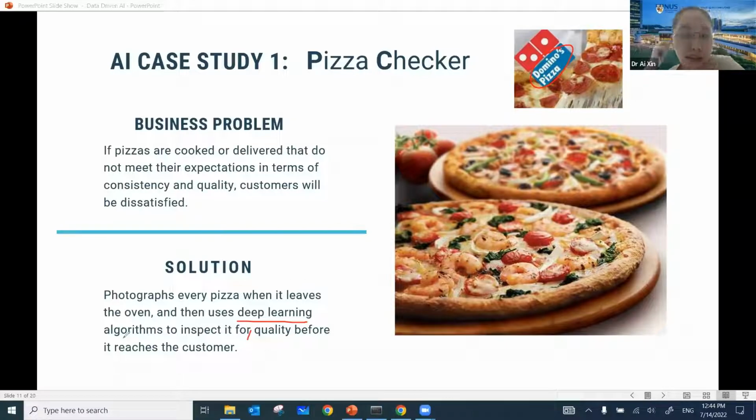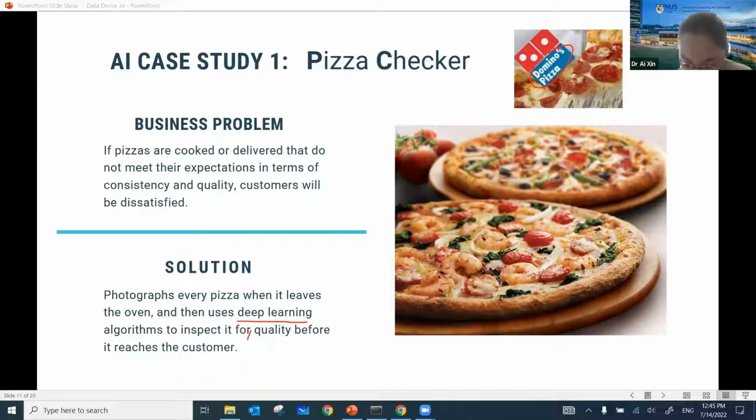Instead of letting a real human being do the check, they just install a camera on top of the place where the pizza comes out. Then they just take a picture and automatically feed it into their system. Then the system will see whether it's okay or not. I think most of the time the quality is good, but in the case the pizza is of bad quality, right?